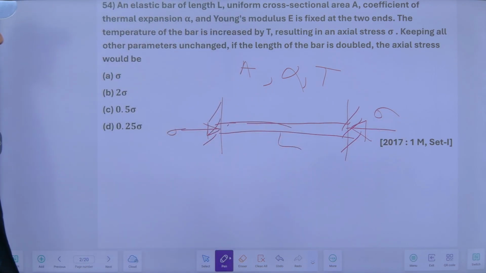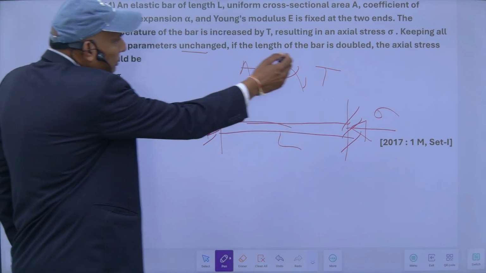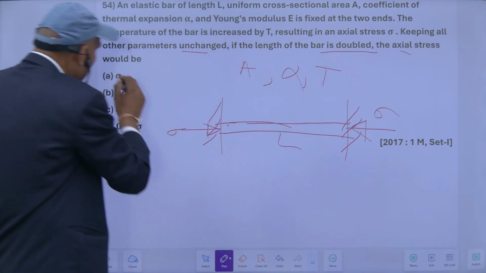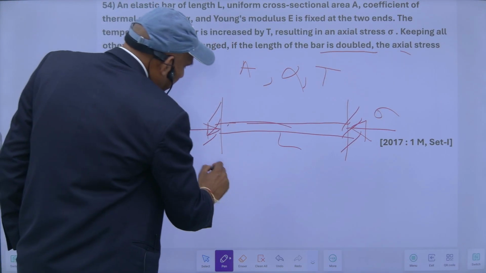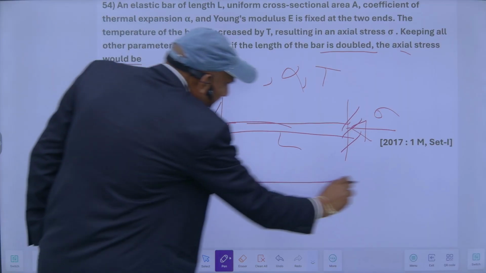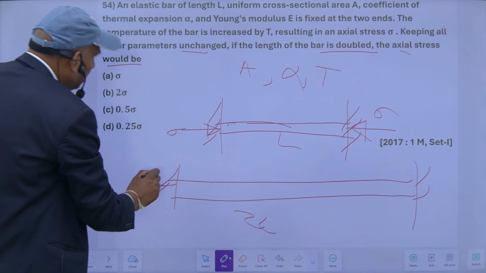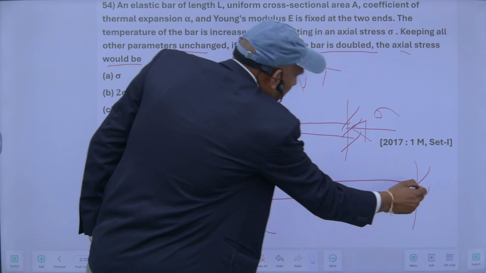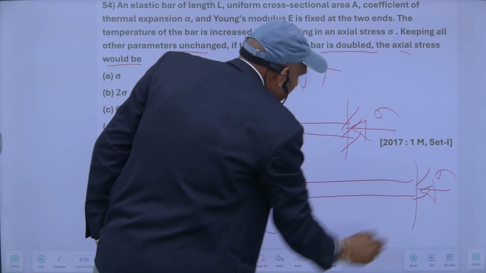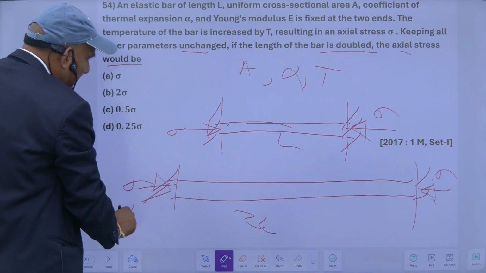Keeping all the parameters unchanged, if the length of the bar is doubled, then what will the axial stress be? Suppose I increase the length and it is 2L, what will be the change in the axial stress?